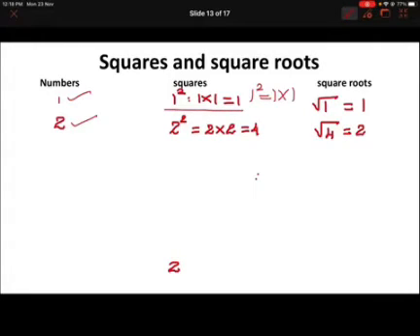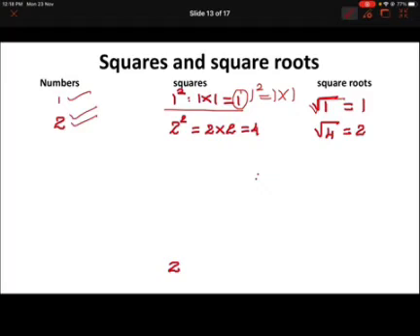So square of 1 is 1 into 1, which is 1. Then root of this 1, how did we get 1? Because square root of that 1 is 1.